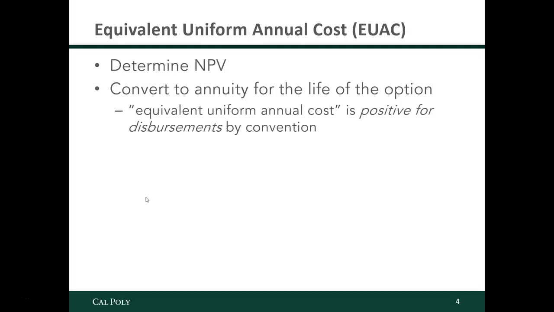And so typically now we are going to consider costs to be positive and money coming in as negative. So you kind of flip the sign by convention when you're doing this analysis.